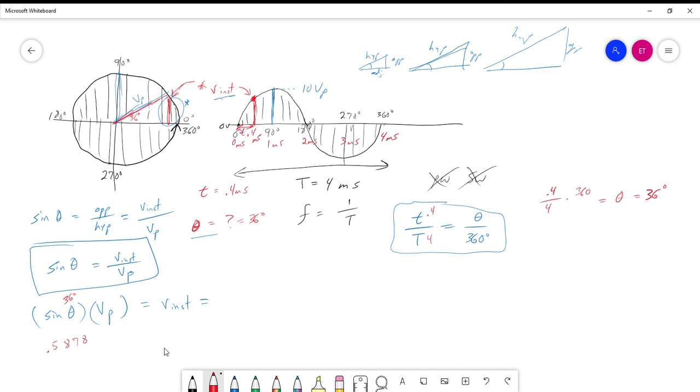When I do the sine of 36, it's telling me that this length is going to be a little more than half of this length. Our drawing leaves a bit to be desired here. This doesn't look like a little more than half of this, does it? That's okay. The triangle does.